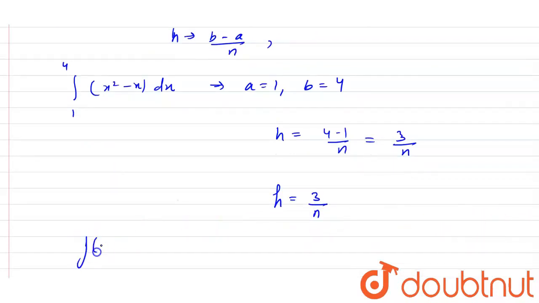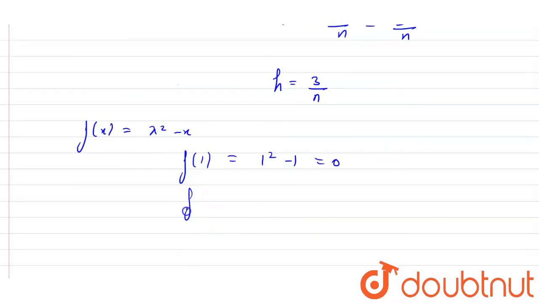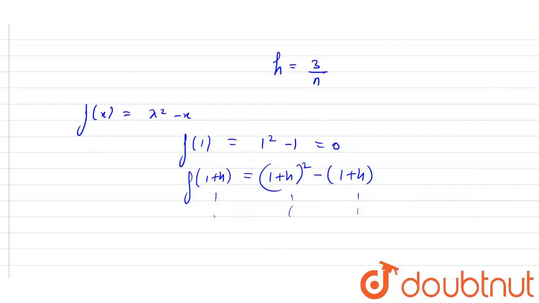Now given is f of x is equal to x square minus x. So from here f of 1 is equal to 1 square minus 1, which is equal to 0. Now f of 1 plus h is equal to 1 plus h whole square minus of 1 plus h. Similarly we go on for the next values.